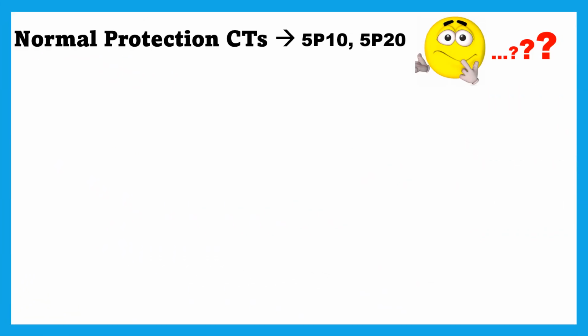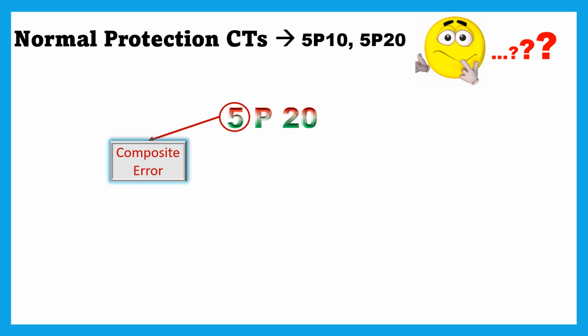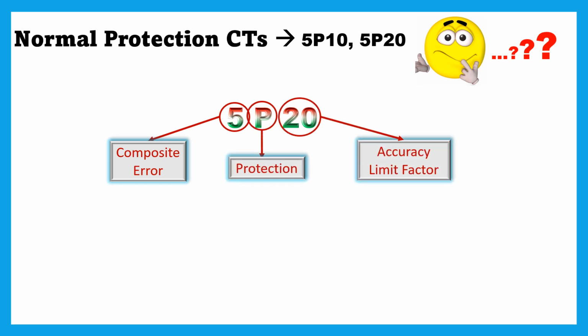Normal protection CTs. Let's understand it by 5P20. Here 5 stands for composite error, P is the abbreviation of protection, and 20 is the accuracy limit factor. Jointly, these three terms inform us that this protection class CT will not get saturated for 20 times the rated current.